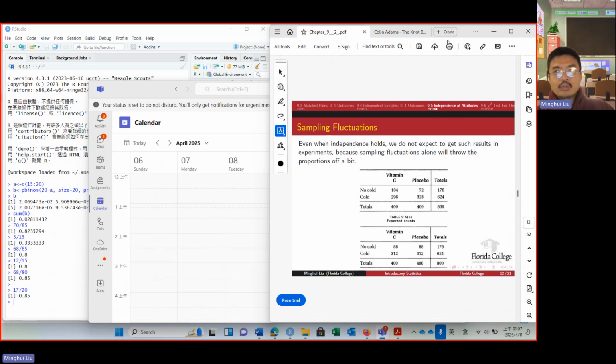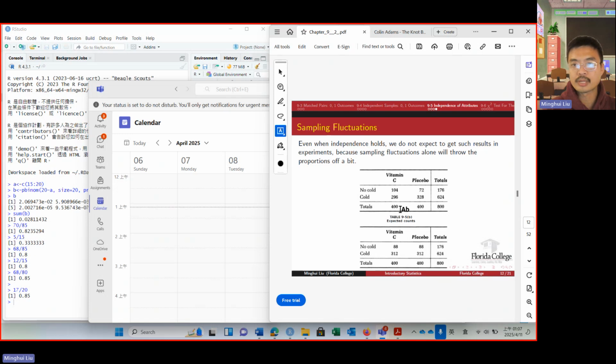Well, we have to introduce a more scientific method to make a determination. For example, in the vitamin C example, the first table is what we observe, versus the second table, which is what we would expect theoretically, assuming there is no connection, or in other words, assuming independence between vitamin C and catching a cold or not.